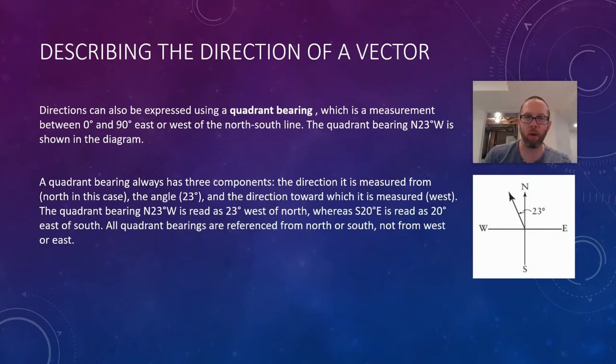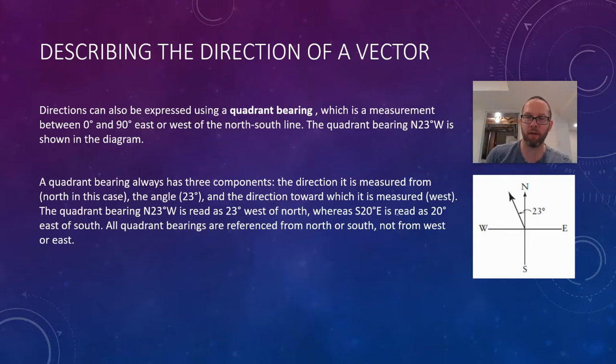A quadrant bearing always has 3 components: the direction it is measured from, in this case north, then the angle, 23, and the direction toward which it is measured. North 23 degrees west, you can read as I did, or as 23 degrees west of north. Those are the same way to read that direction.